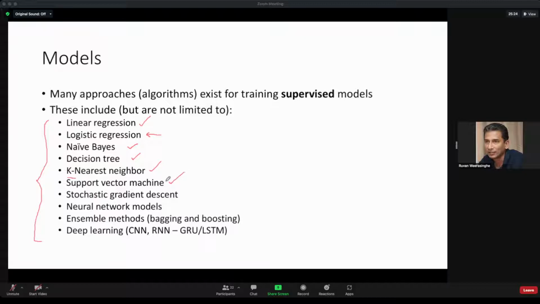SVM, okay, one of the things that came closest to a universal learning algorithm, right? But now we know there's a thing called the no free lunch theorem, right? But at one point this was, and then at a later point this became stochastic gradient descent, and particularly its application to things like boosting, right? Neural networks.